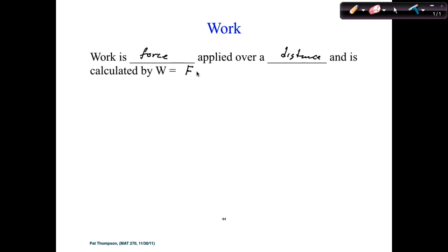Force times distance, right? But that's easy if you have a constant force and a straight line distance. It's just like a fourth grade multiplication problem. Force times distance.